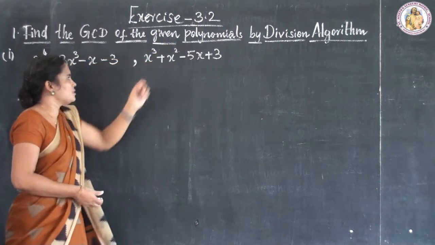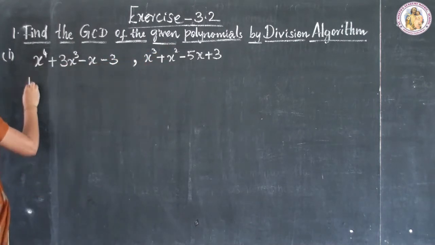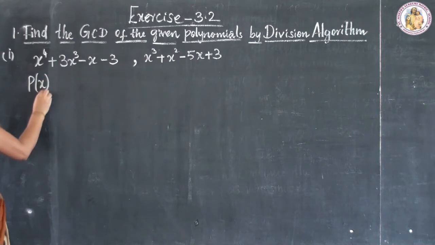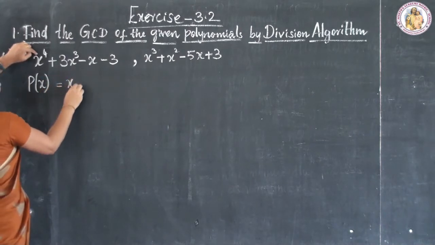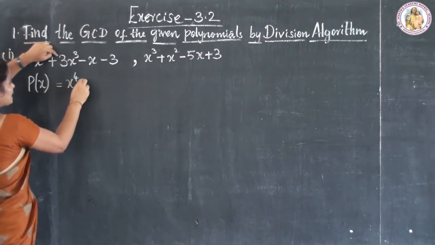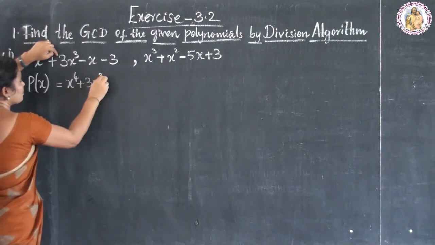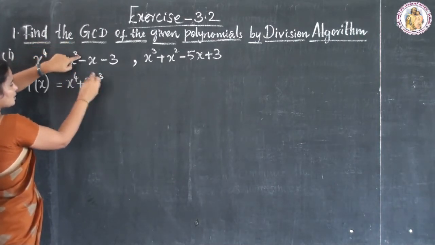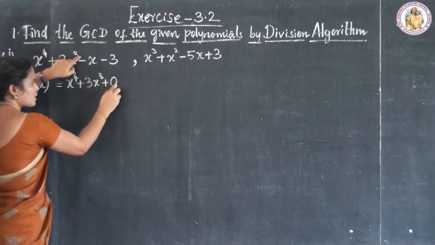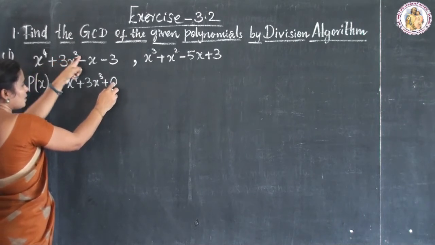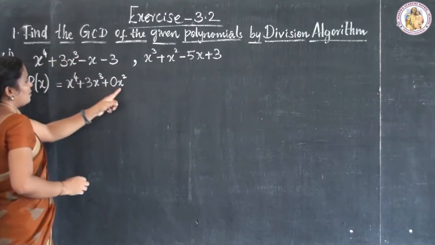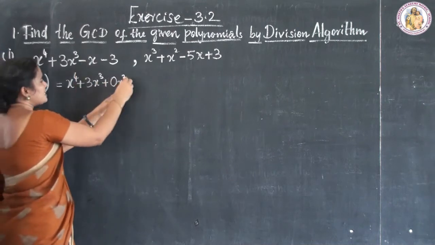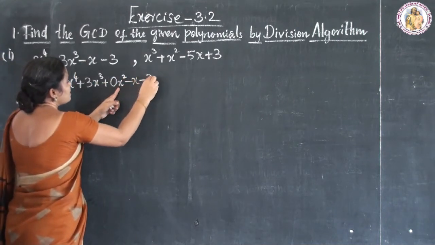Given polynomials. Take the first polynomial as p of x is equal to x to the power of 4 plus 3x cube. x square is not there, so use 0x square, minus x minus 3.